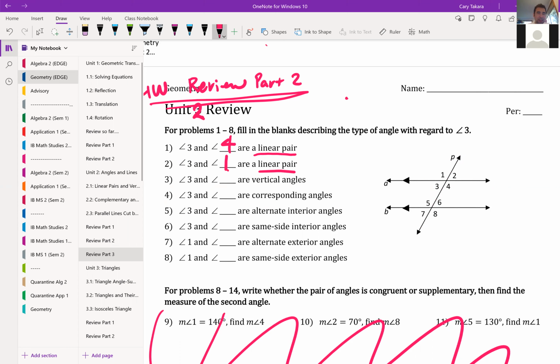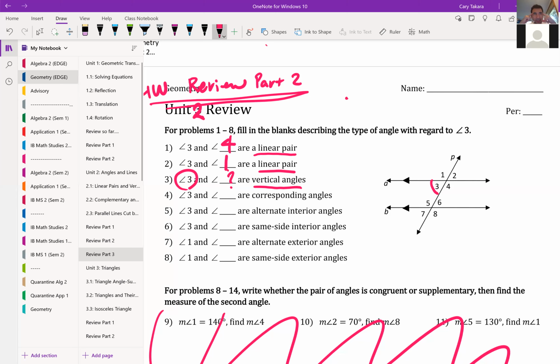Angle 3 and what are called vertical angles? So angle 3, now this one, there's only one answer. Angle 3 and which angle are vertical angles? Thank you, Janela. Angle 3. Now, can you remember what vertical angles are?